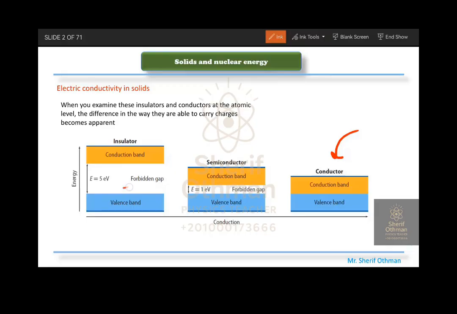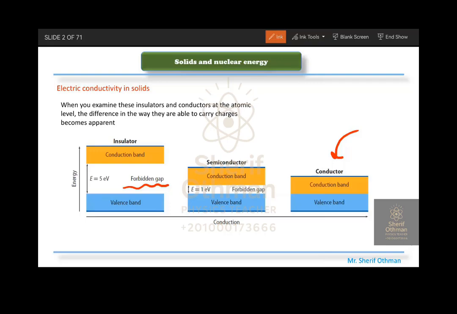This gap is called the forbidden gap. This gap is greater than 2 electron volt, in the range of 4-5 electron volt. But the gap in semiconductors is about 1 electron volt, 2 electron volt.